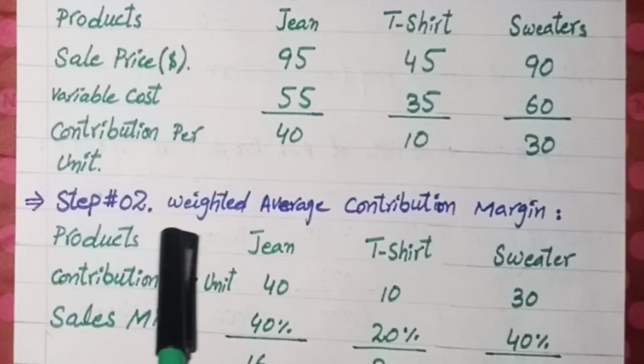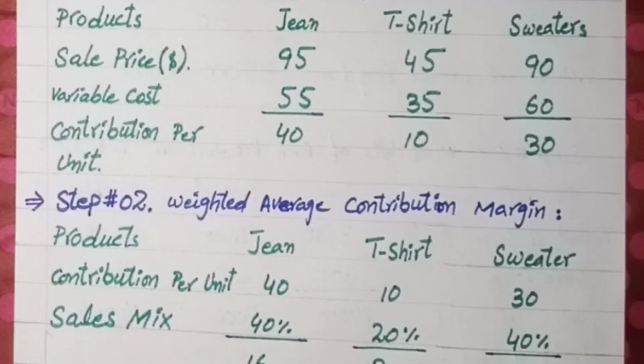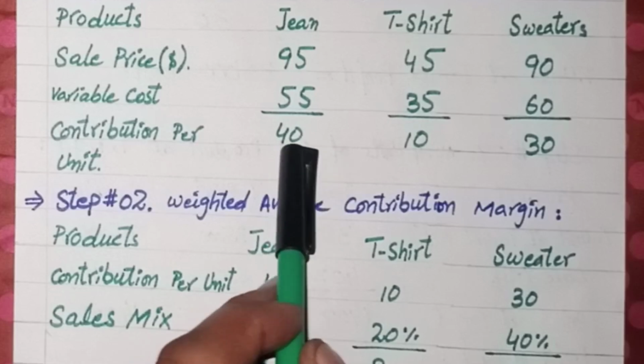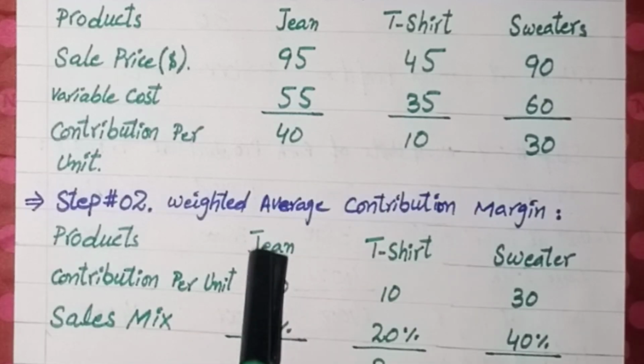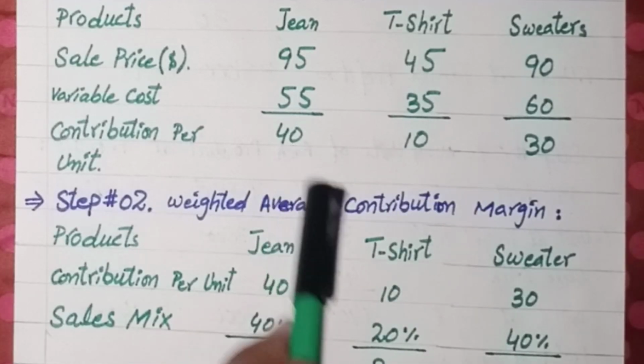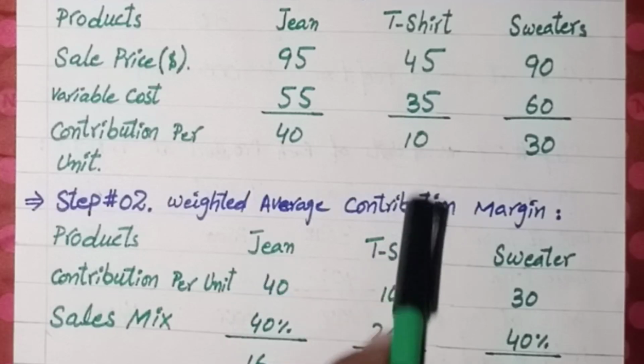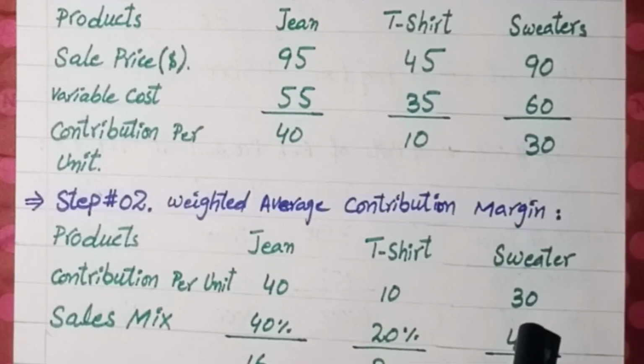In the next step we calculate weighted average contribution margin for each product. As we calculated contribution margin per unit in step 1, for the first product it is 40, for the second product 10, and for the third product 30.